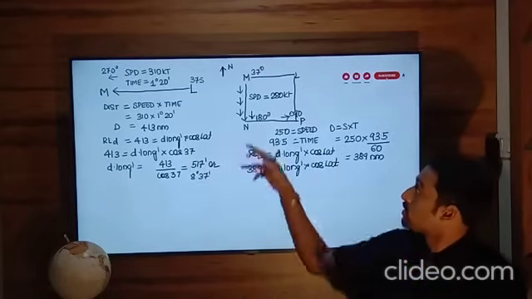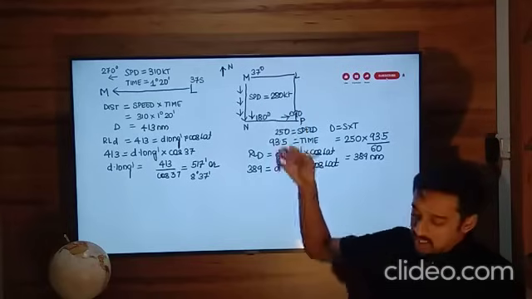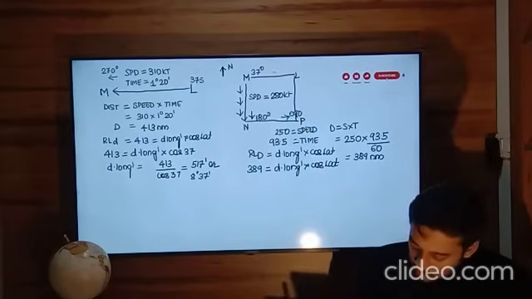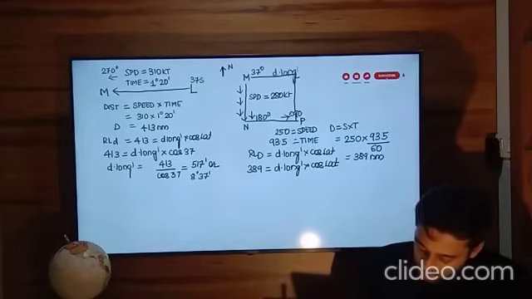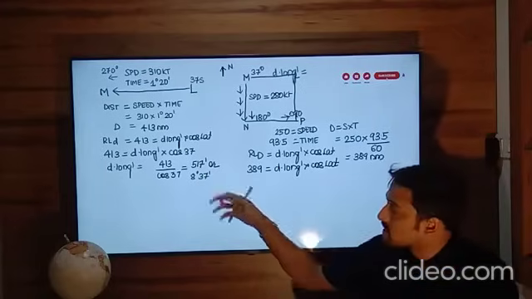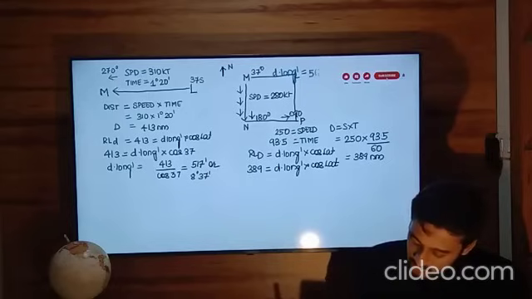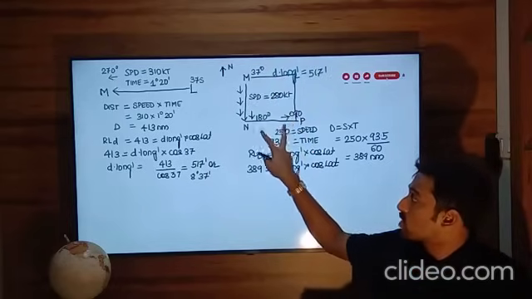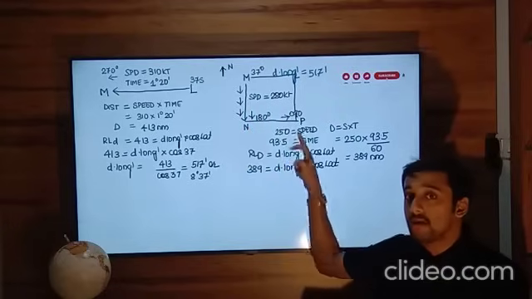Now M and L has a D long value of how much? 517 minutes. Now the same D long value will be applicable to the longitudes between November and Papa. Why?